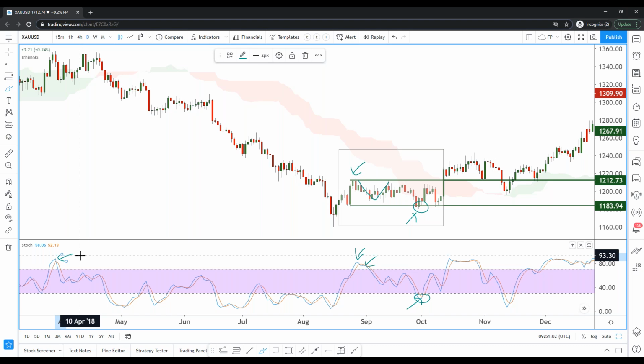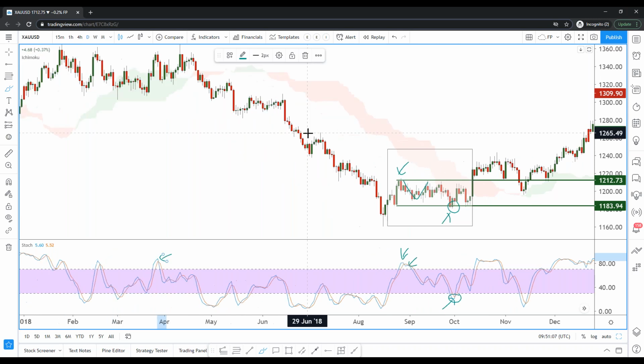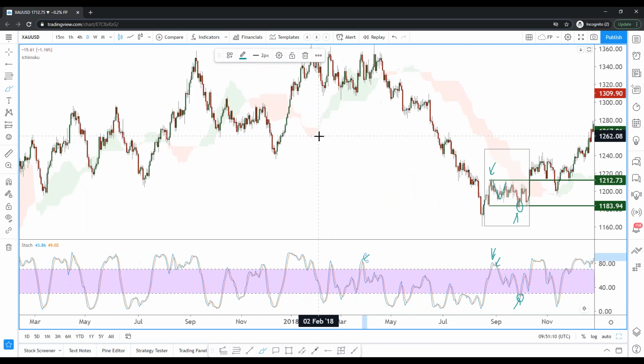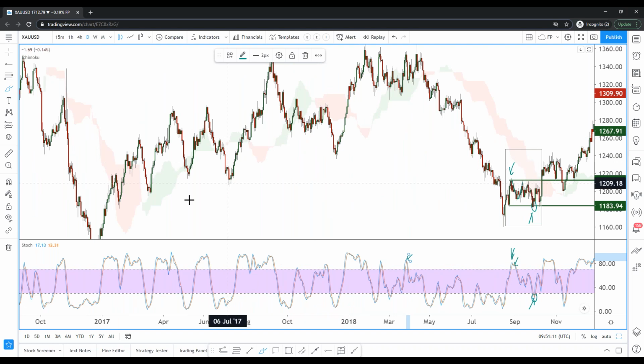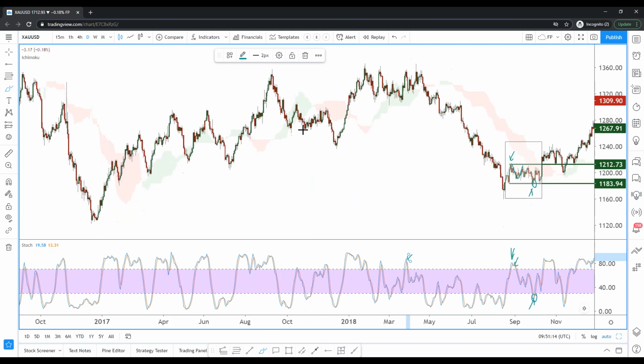Just now I briefly mentioned how we can use divergence to help us identify potential reversals. For divergence, essentially, we want to make sure that prices are pushing higher.